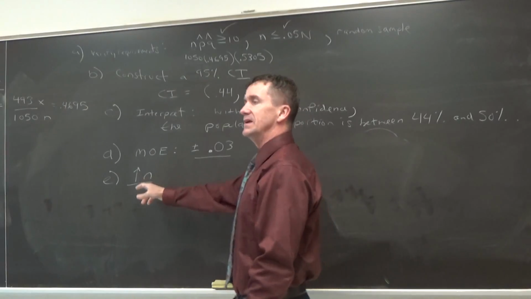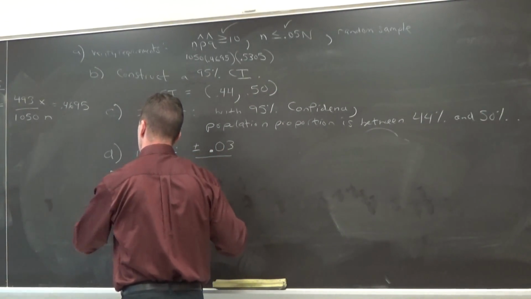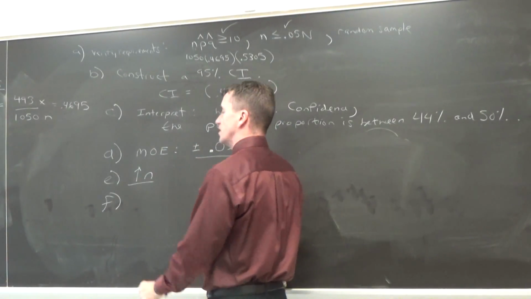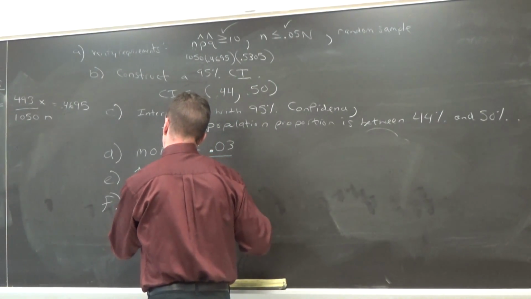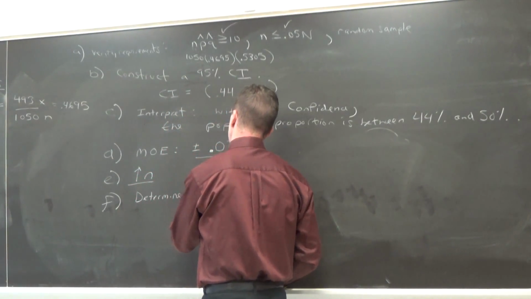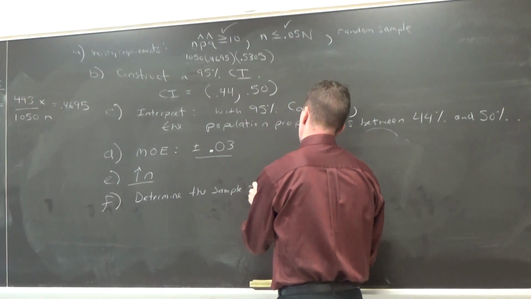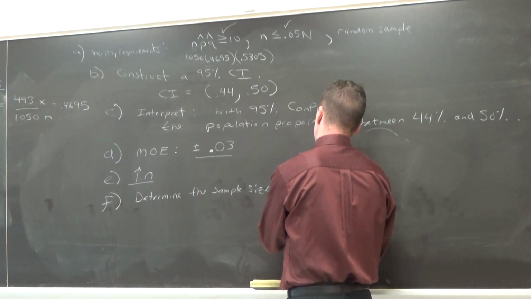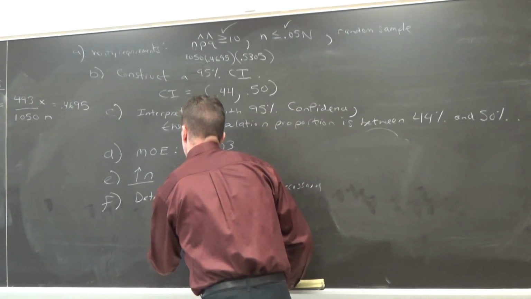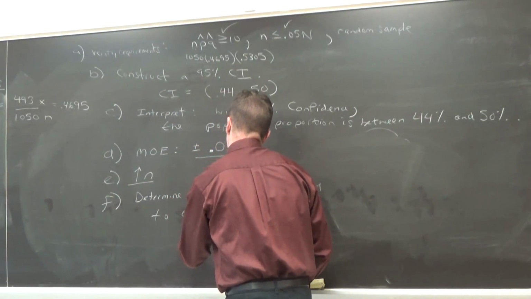So, that leads us to this question. All right, so letter F. Everyone, in letter F, we're going to determine the sample size necessary to obtain a margin of error.